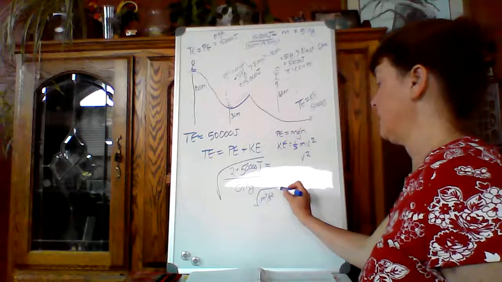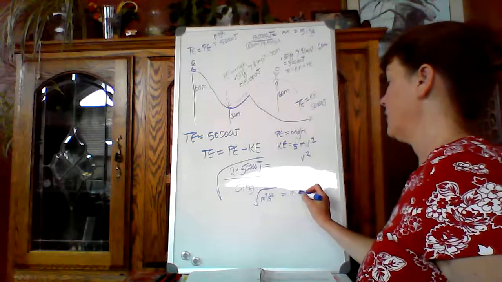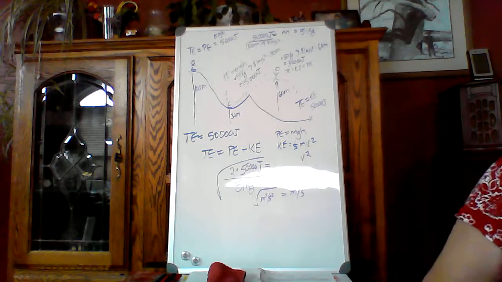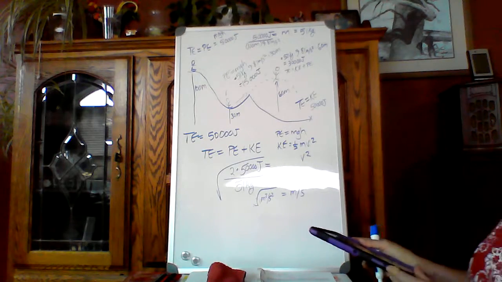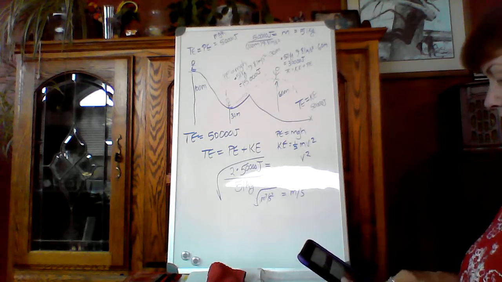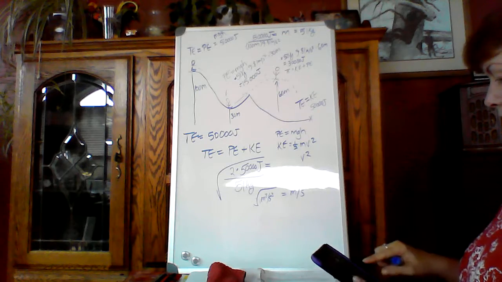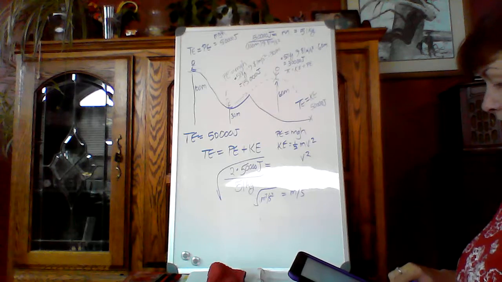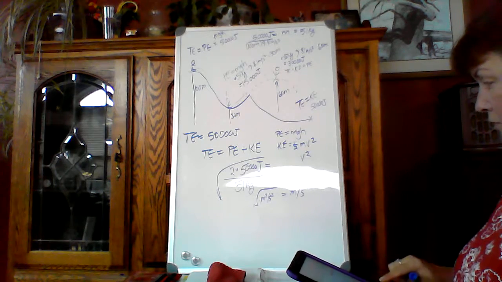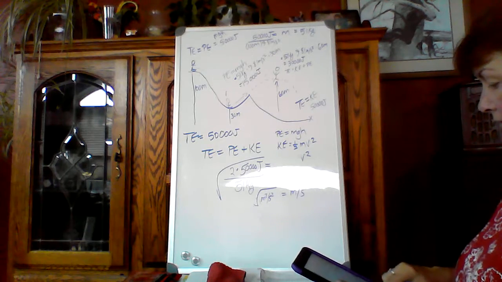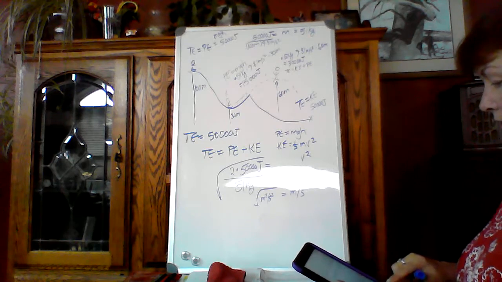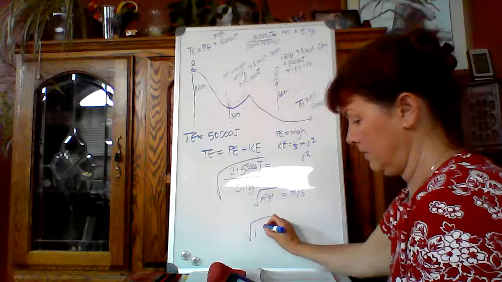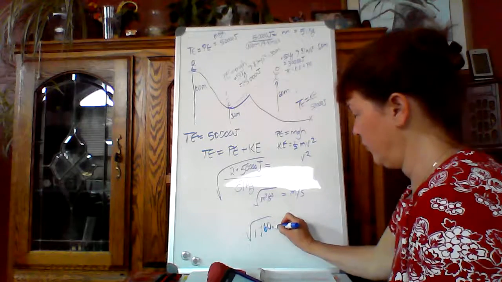So you can see that taking the square root of that would give us a velocity in meters per second. So I haven't done the math on this one, but if we did the math here, we would see 50,000 times 2 divided by 51 kilograms would give us the square root of 1960.8.